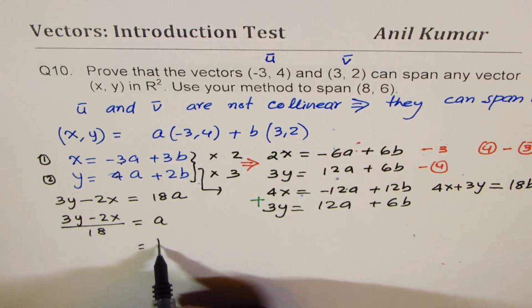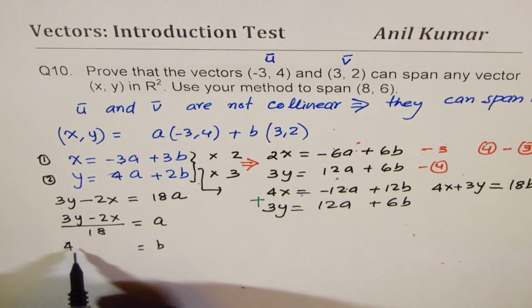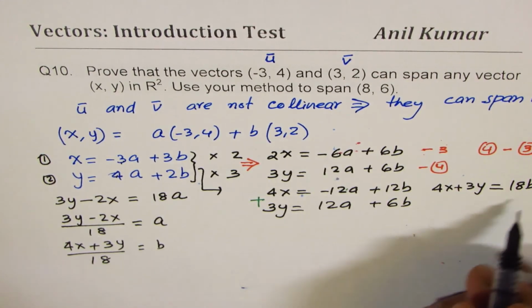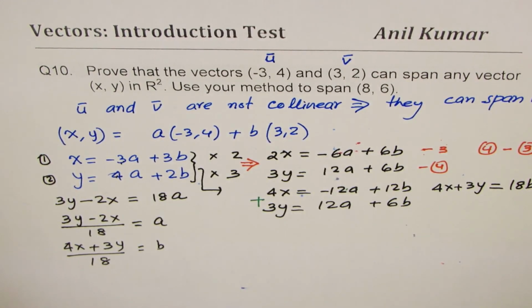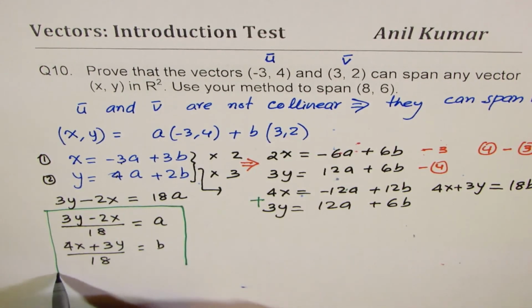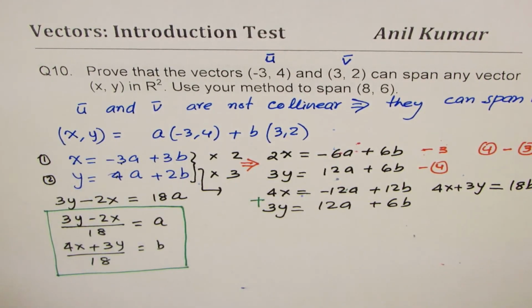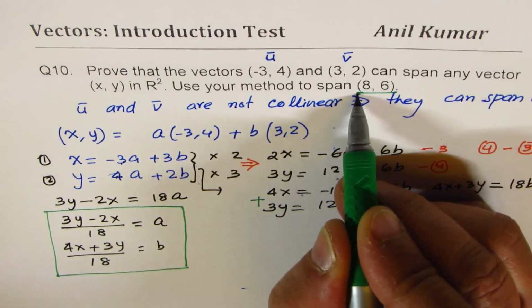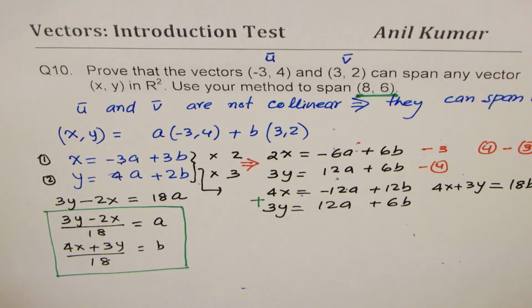We can write b as equal to (4x plus 3y) divided by 18. Does it make sense? Just divide it. So we get a formula for finding a and b if x and y are known. Perfect. Now using this formula, we can span the third vector (8, 6). So I hope these steps are clear. That is how we do part 1.